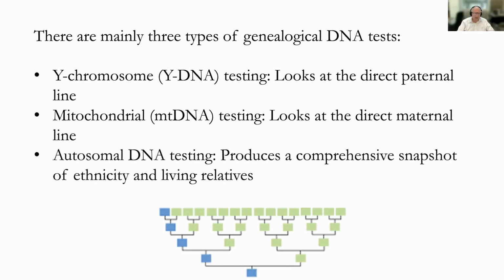And then the one that's the most common given test is the one that is what you would go get automatically if you go to one of the large testing companies like Ancestry or MyHeritage, is the autosomal DNA test. And that's just a snapshot of ethnicity and living relatives based on the family tree and the information that you have already discovered.